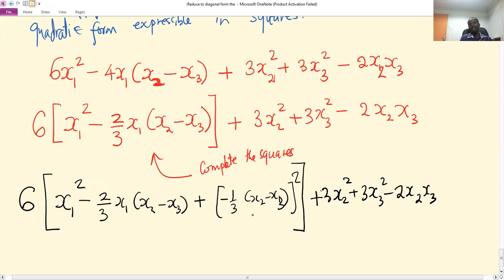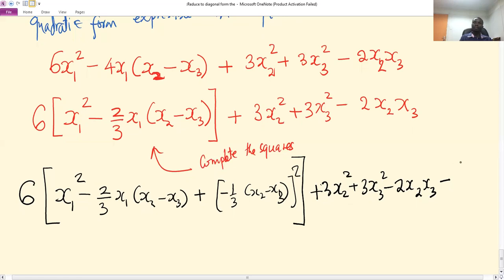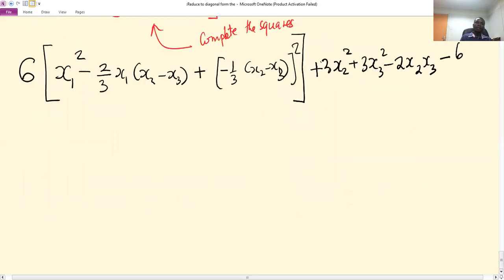But remember, I've added a foreign term to my expression, so I need to balance by subtracting six times this same term here. So I have 6 into x1 now minus a third into x2 minus x3 and then square.